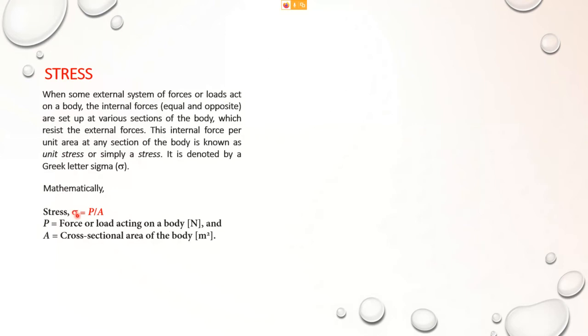Remember, we deal with this stress. This is called stress, or direct stress. And usually for direct stress, the force and the area have to be 90 degrees to each other, just like the diagram that I am going to show you here.